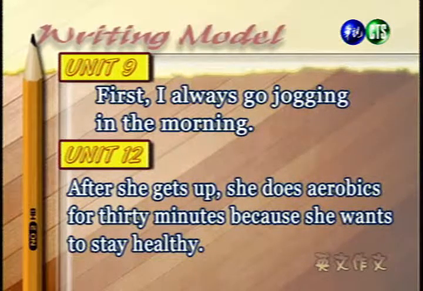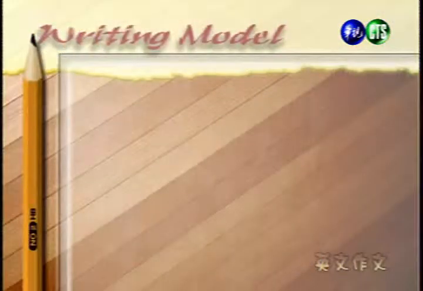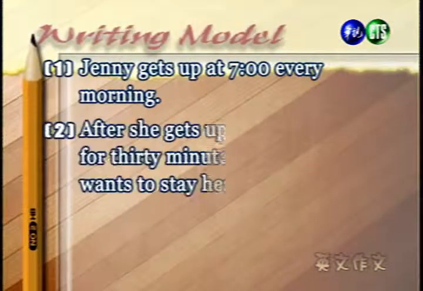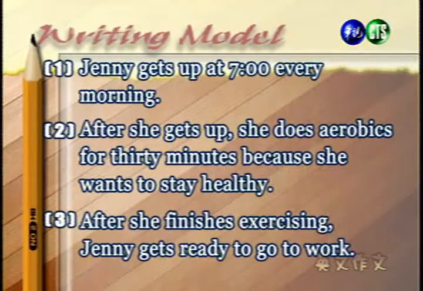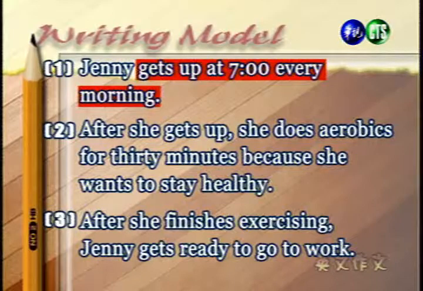In addition, let's take a look and see how the information in the body overlaps. Let's take a look at a couple of sentences. In the first sentence, it ends with a piece of new information about Jenny, which is when she gets up, 7 o'clock every morning.